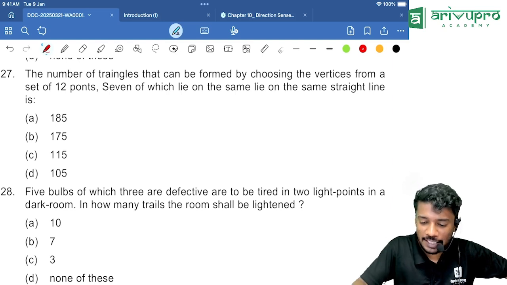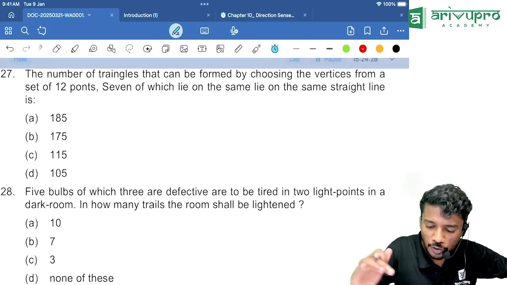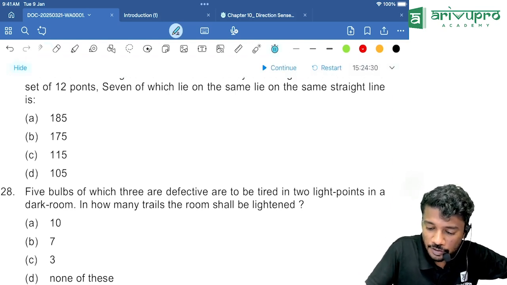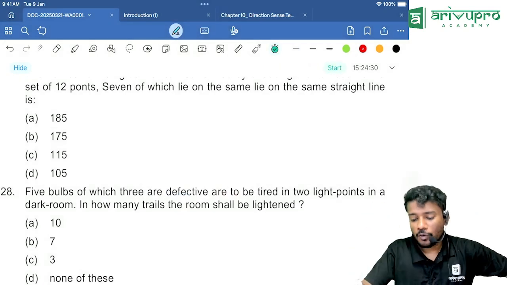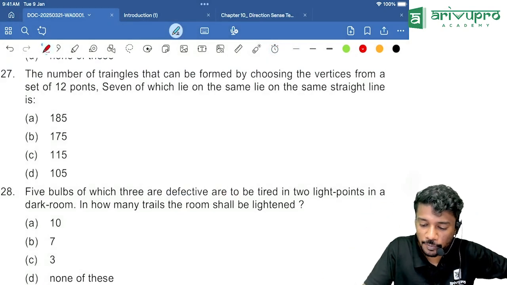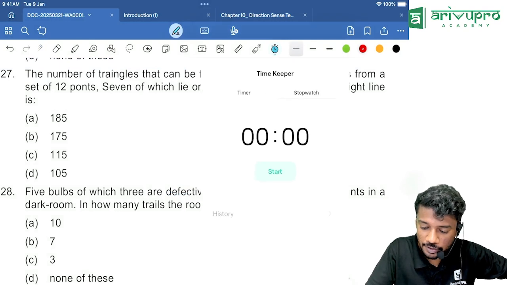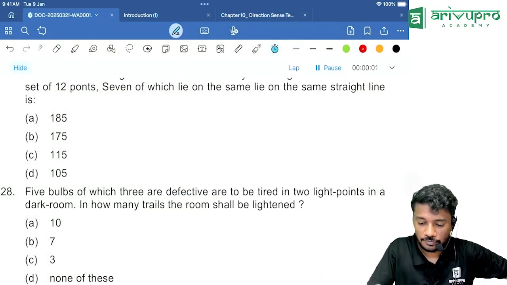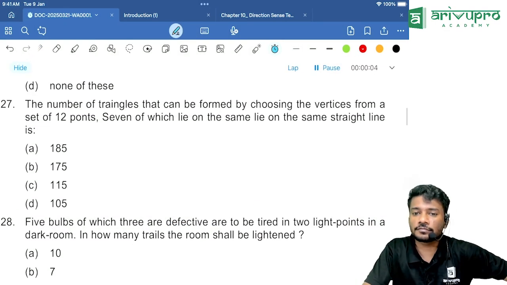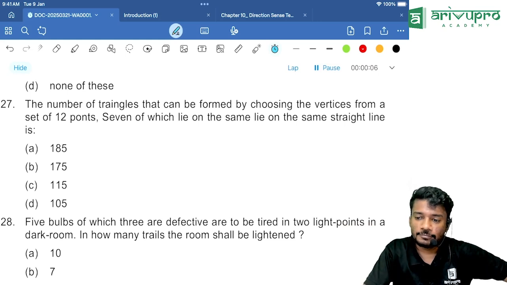Can you give me the answer? I'll give you 1 minute to solve it. Yes, 1 minute is there. Can you solve it for me? Oh, where is the time now? Good.